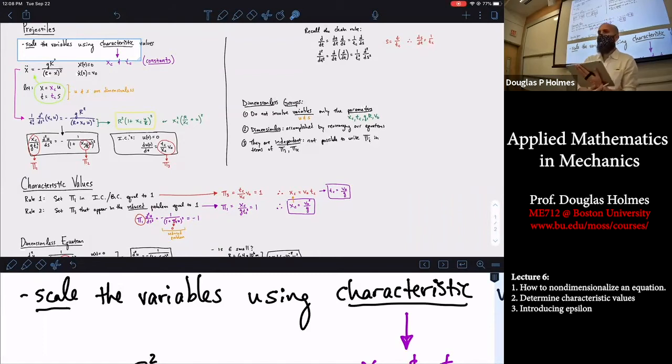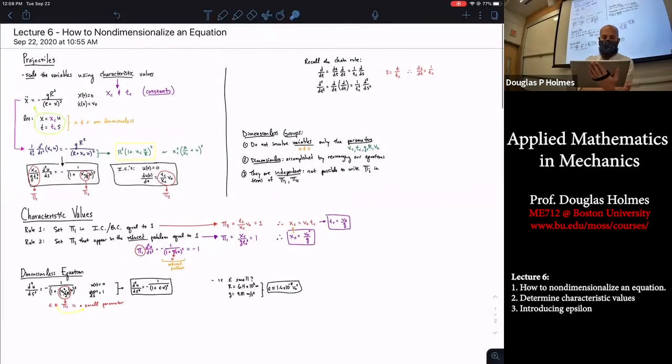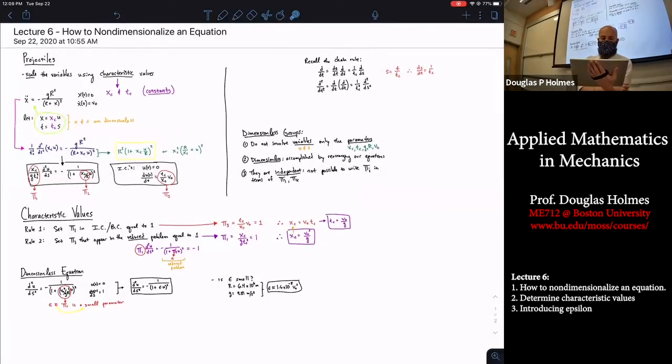Okay, so this is kind of hammering this point home, but just to be clear, so the pi terms will always have either the characteristic length or time. For example, can we have a pi term that just depends on G, R, and V naught? Is that something that's true? That's a good question. I think so.